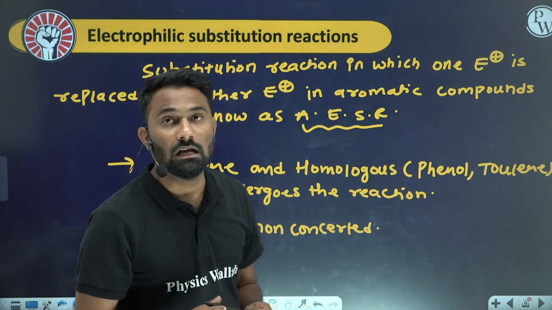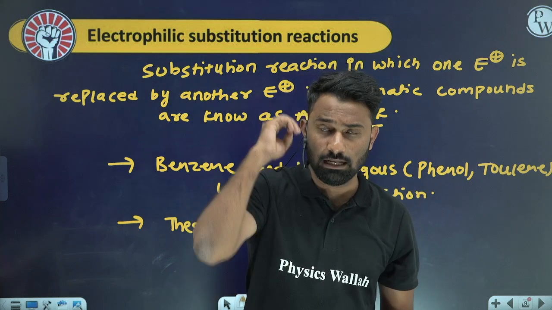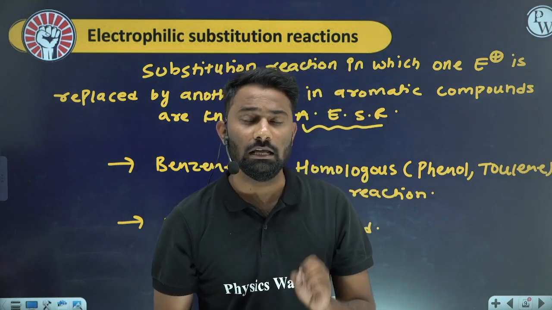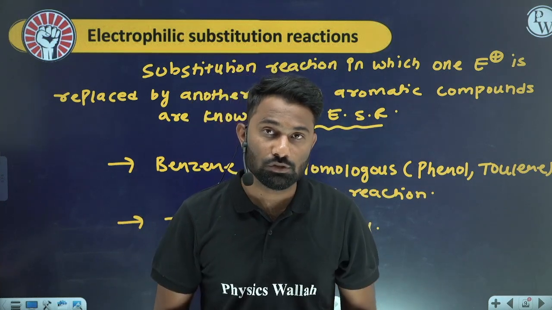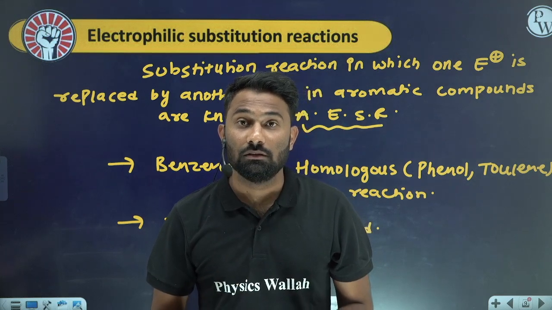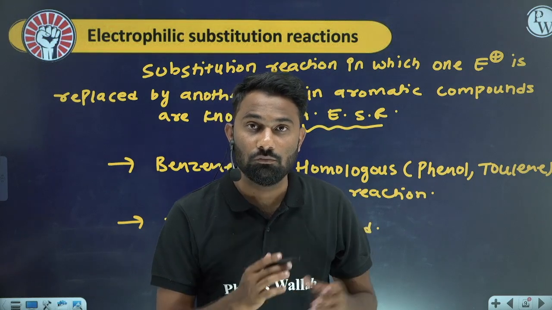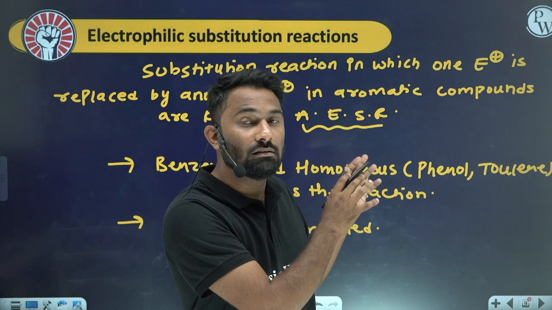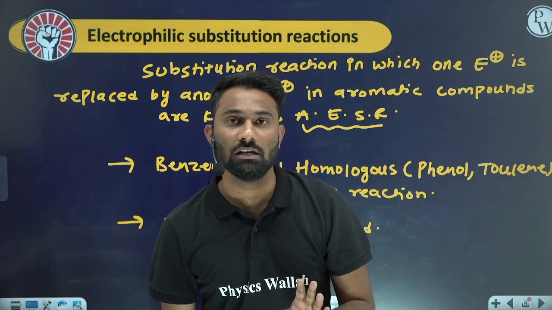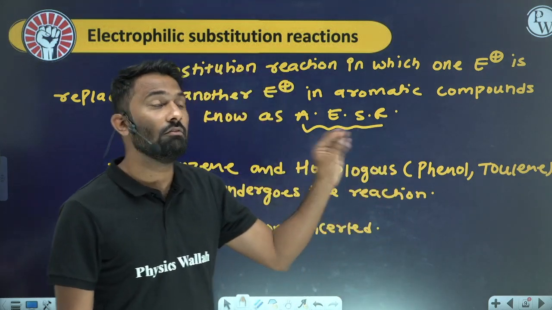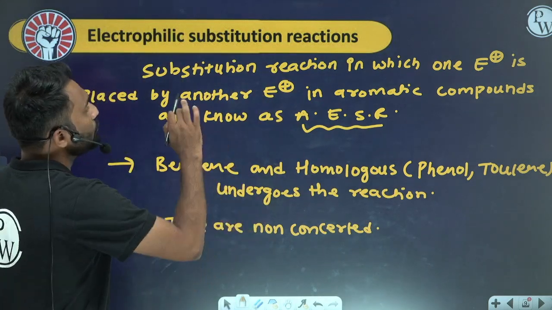Electrophilic substitution reaction. This is very important, and repeatedly in any entrance exam we can expect one question from this topic. If they have not asked a question from another concept, they will ask from this content, even in the middle of a reaction.